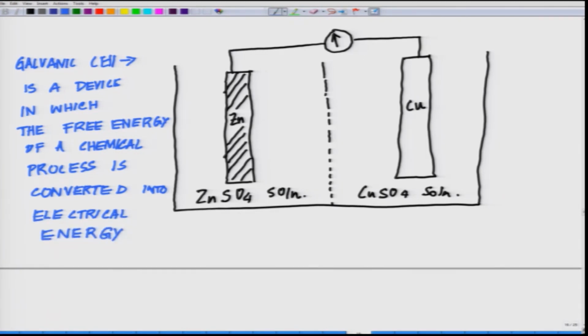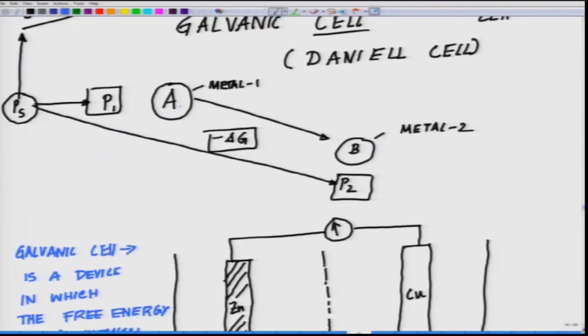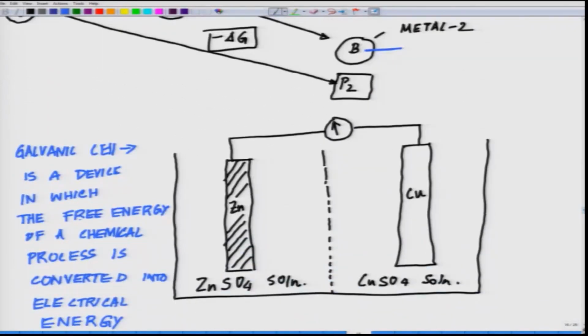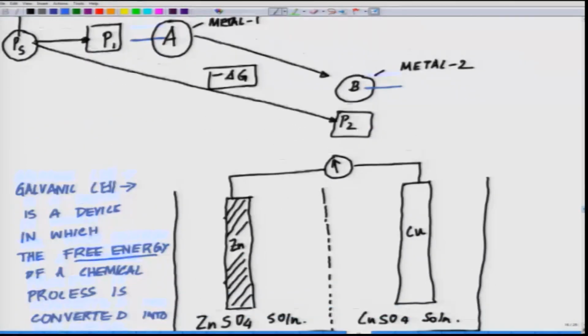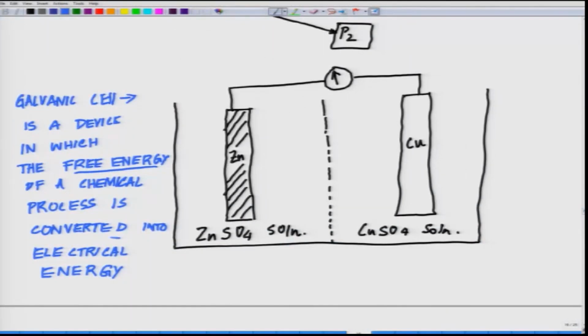In other words, here is a situation where they are sitting at different energy levels, metal A, metal B, and the free energy change. Now, correlate this: the free energy change of a chemical process from A to B is converted into electrical energy. So, this is what a cell talks about.